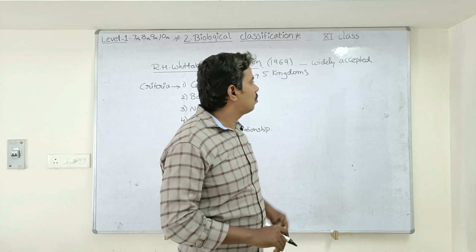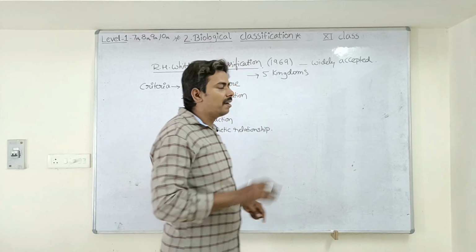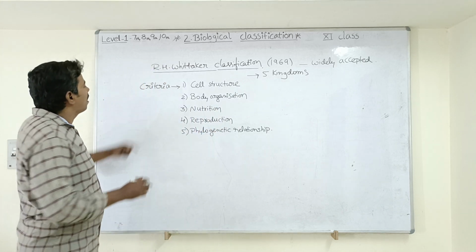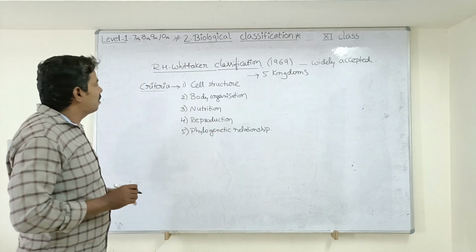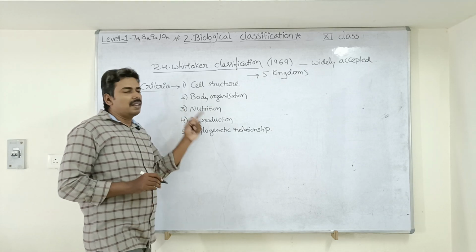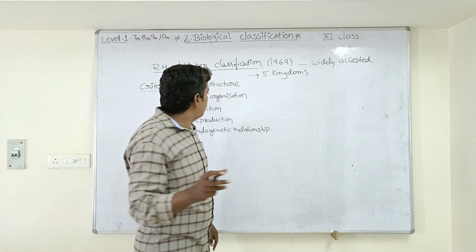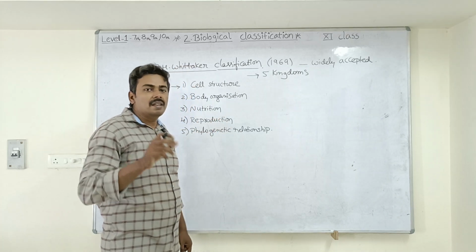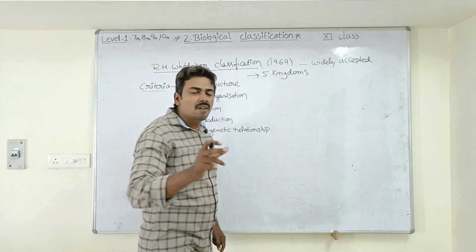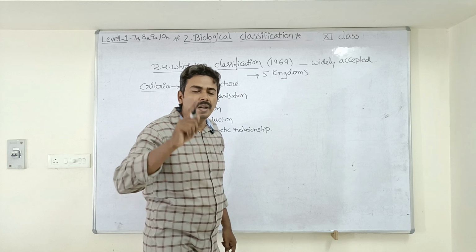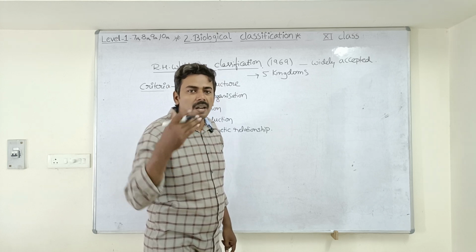Total five kingdoms. So on what basis did he classify the living organisms into five kingdoms? Look here, the criteria means the basis on which the classification was done. The main criterion was cell structure. What was the structure of the cell, whether it was a prokaryotic cell or eukaryotic cell? Body organization: how the body of the organism is made up, whether it is made up of a single cell or many cells, and whether tissues, a tissue system, or organs are present.